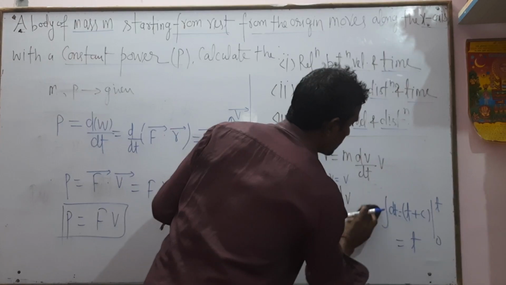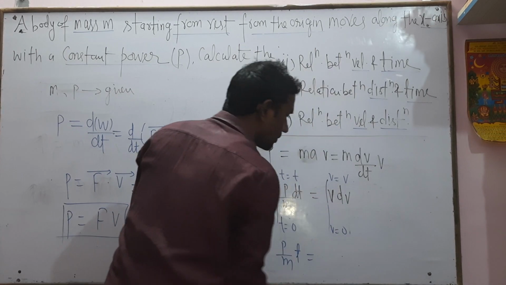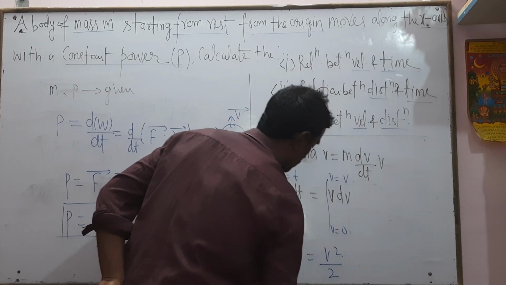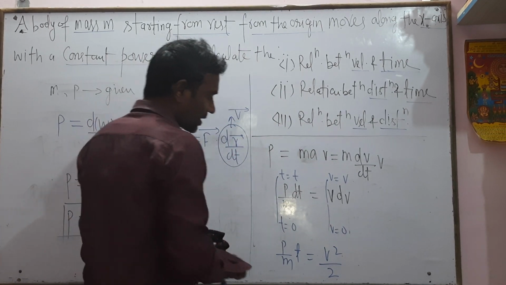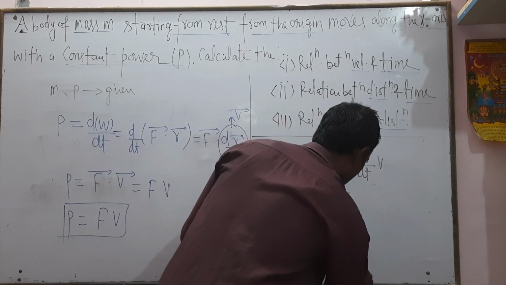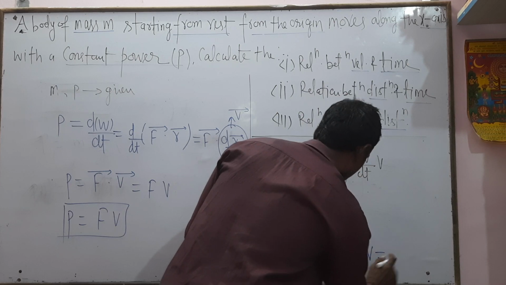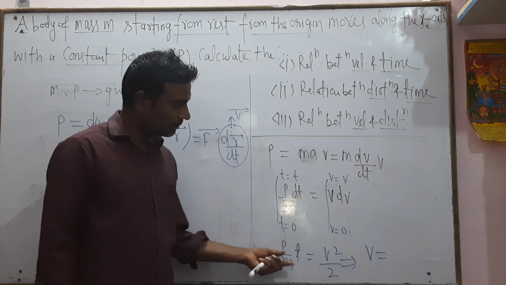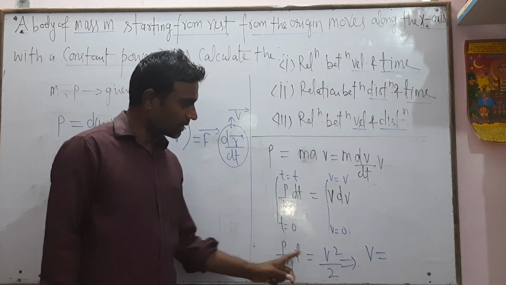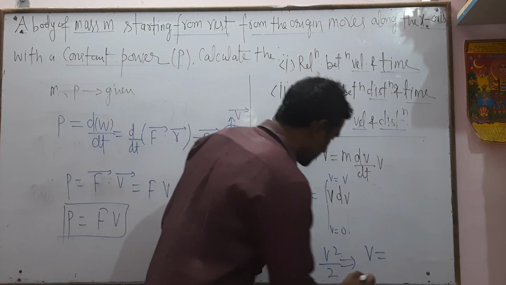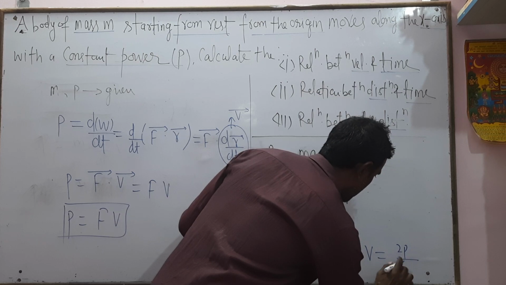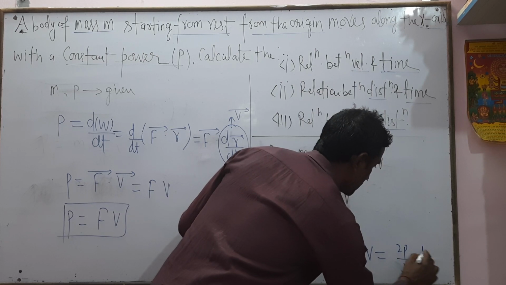The integral of v into dv is v square by 2 plus c, between the upper and lower limits. So v equals the square root of 2P by m into t.